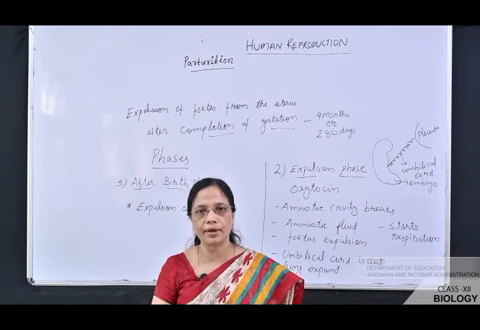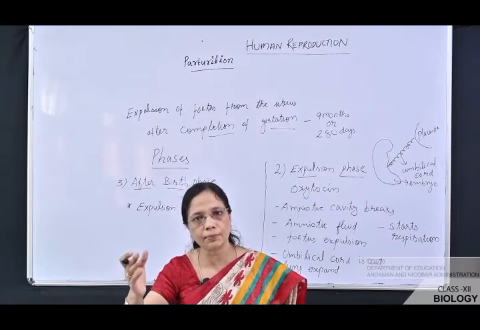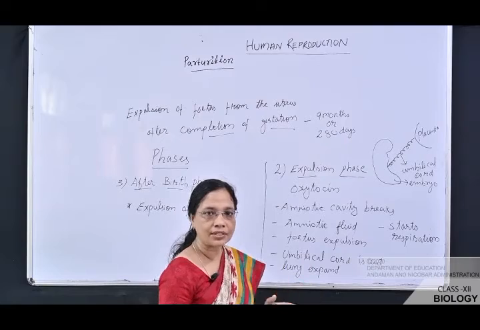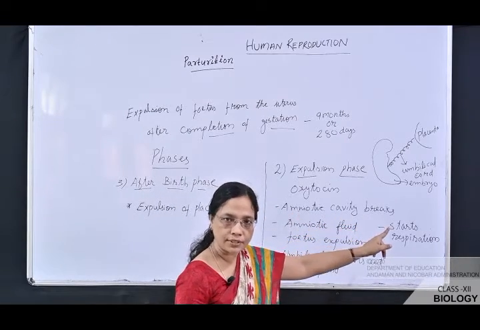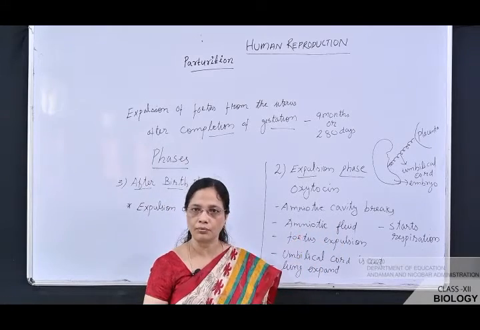There is a mild contraction that stimulates the posterior pituitary gland to secrete oxytocin, and contraction increases. The amniotic cavity breaks first, then amniotic fluid is released, and then the fetus is expelled out.